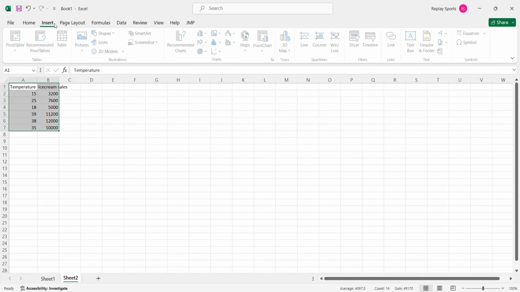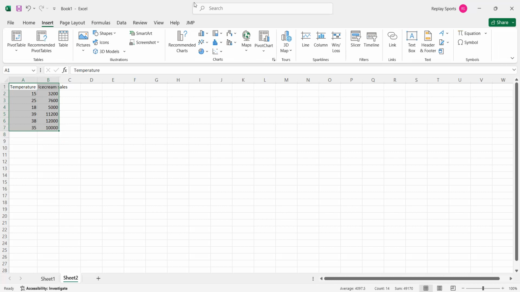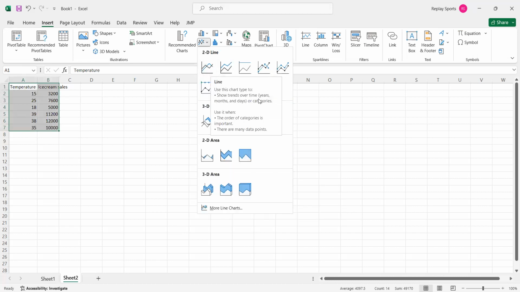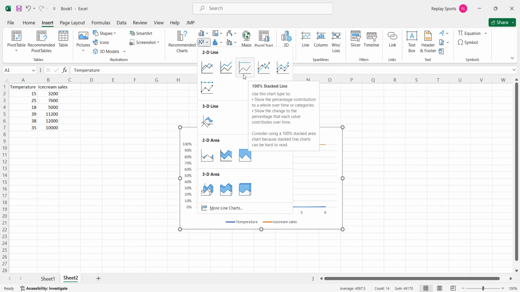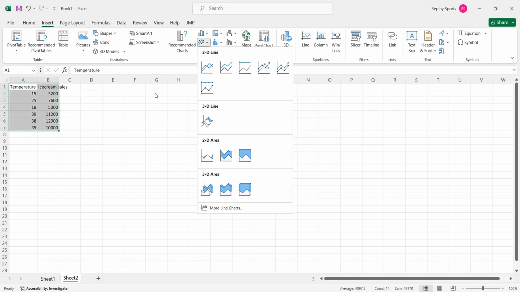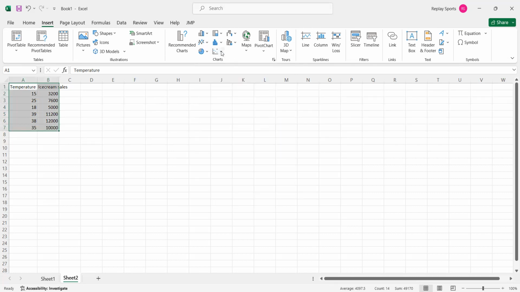Let's say graph here. Okay, now these are line graphs. Wait. This one. This is actually the thing. This is a scatter plot.